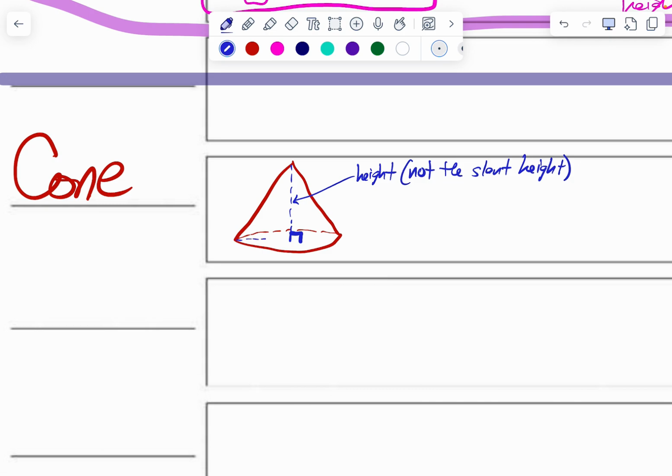Or let's use the radius. Yes, we could do diameter also, but our formula will have the radius. So, in order to quantify things about a cone, we need to know the height and the radius, or diameter.